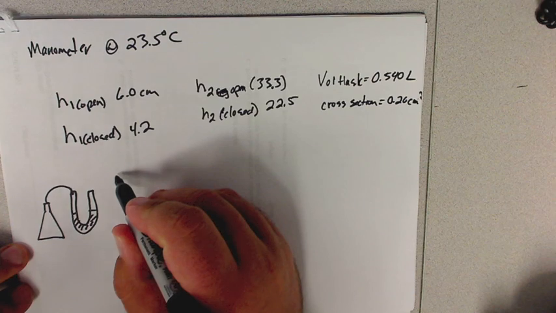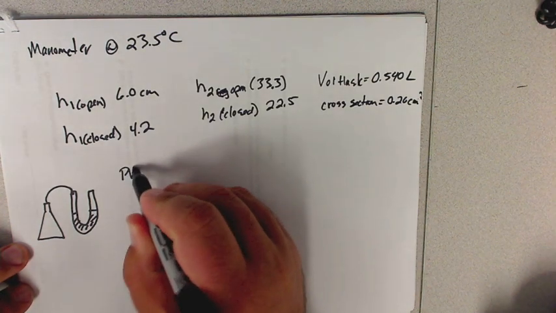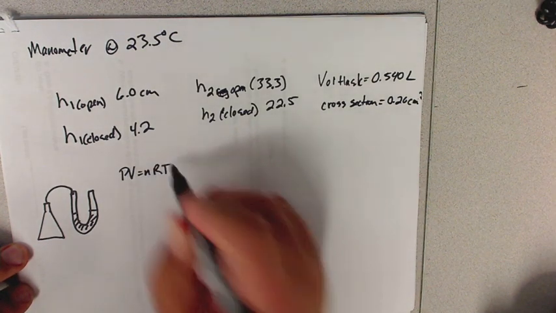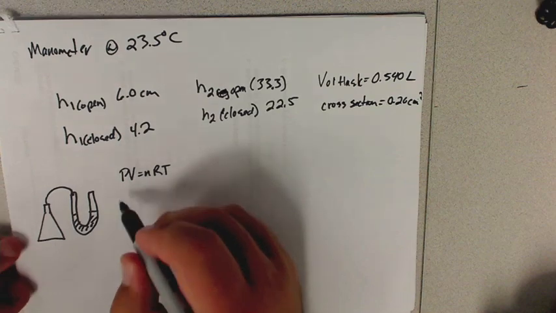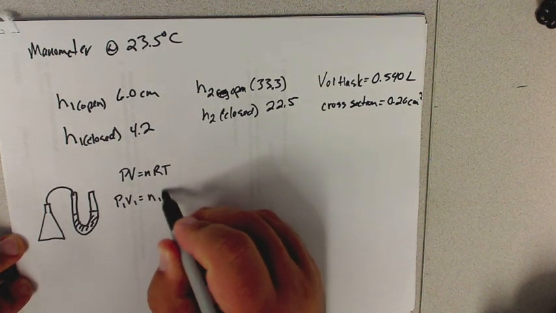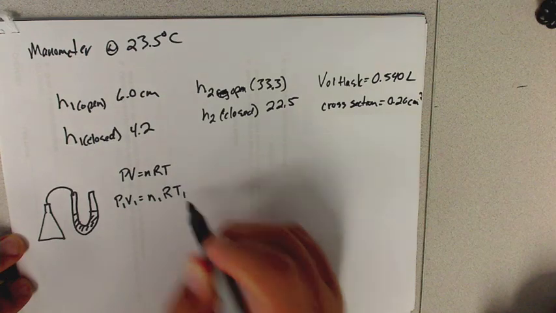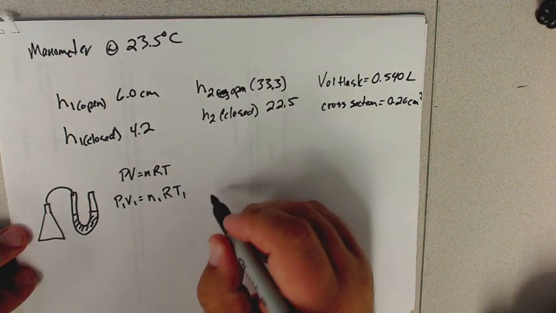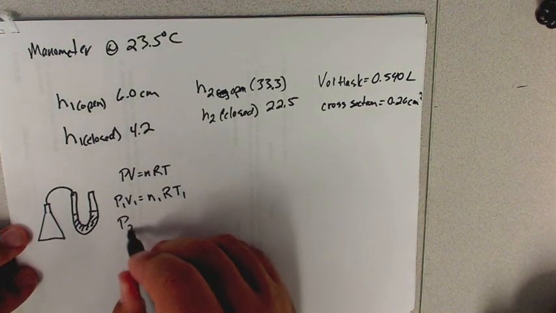If you think about the ideal gas law, PV equals nRT, it's going to be true for the first state, and it's also going to be true for the second state.